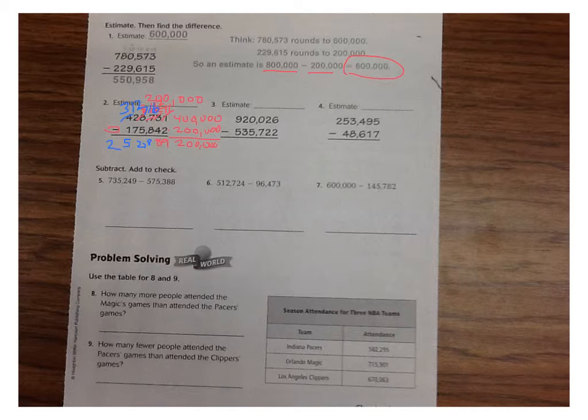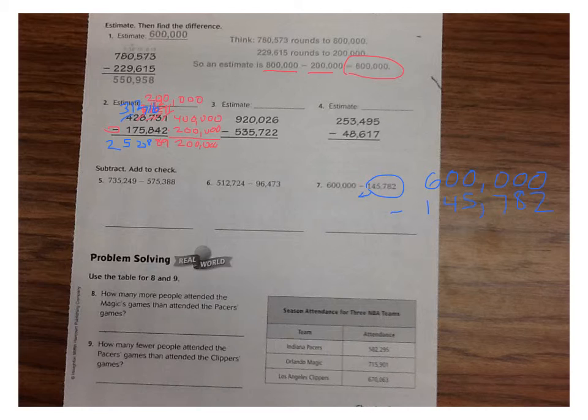I'm going to line these up. I'm going to do it over here on the side so you can see it a little better. So we've got 600,000 minus 145,782. What you can do is write this number right underneath that one.